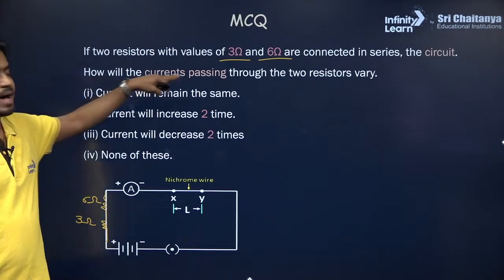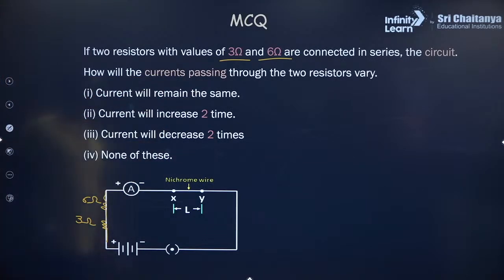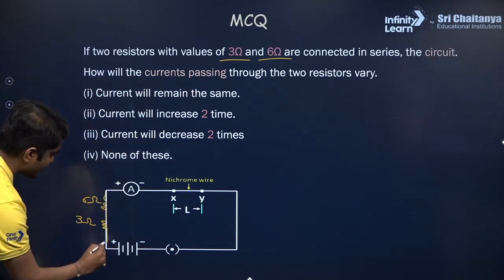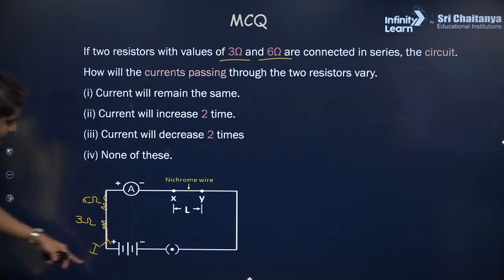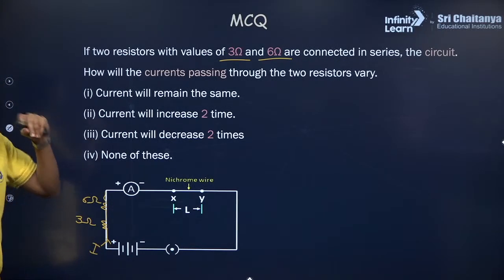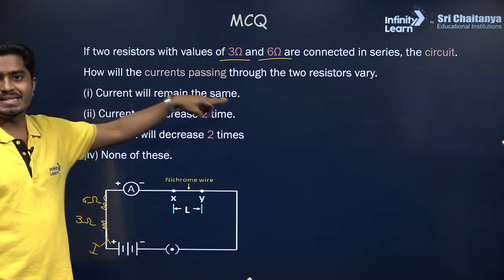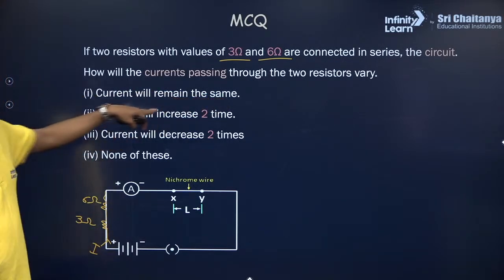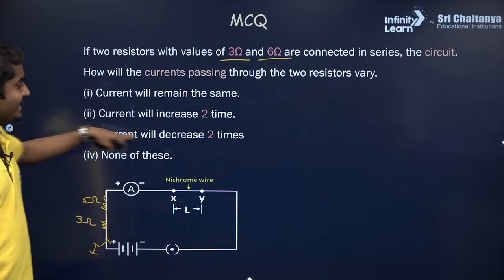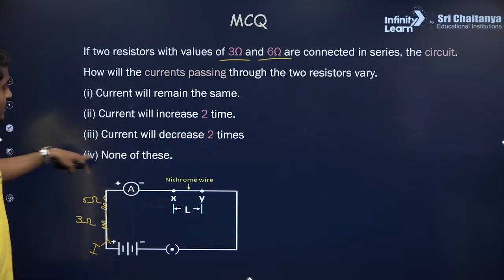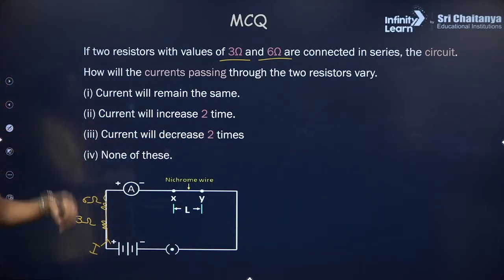How will the current passing through the 2 resistors vary? So whatever current is passing through it, how will it vary? Can you tell me? Current will remain the same, current will increase 2 times, current will decrease 2 times, none of the above.